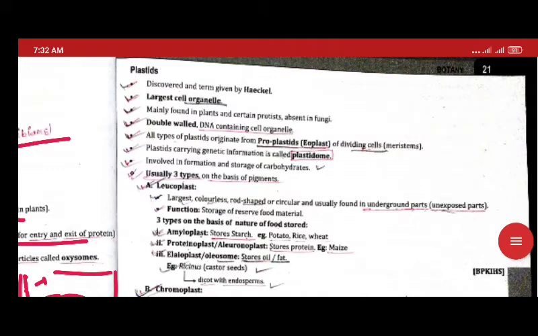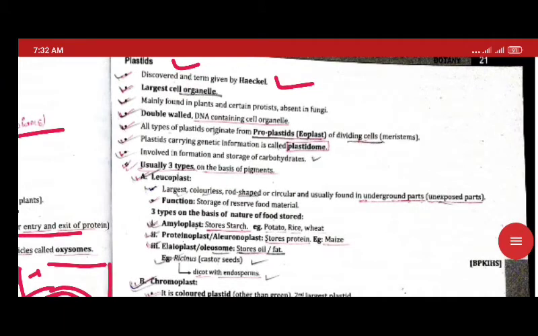So now we have the next topic, plastids. Plastid was discovered and named by Haeckel. It is the largest cell organelle in plants because it is not found in animals, mainly it is found in plants. And in certain protista too, like dinoflagellates and diatoms, which contain plastids, and it is absent in fungi.